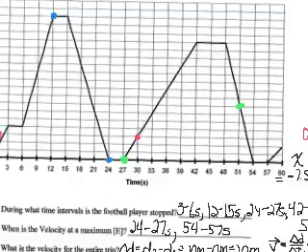Then he stops for about 3 seconds. In between those 3 seconds, they might get ready for their second down. He's getting ready. Then all of a sudden the ball is thrown, and now he just hammers it.